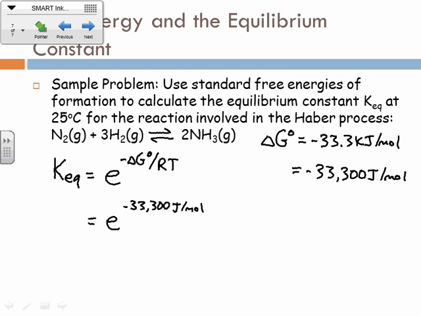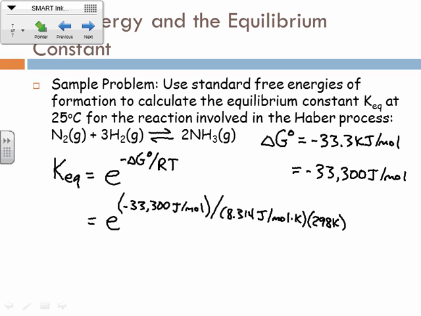joules per mole, divided by, this gets a little messy here, 8.314 joules per mole times Kelvin, times our temperature. We're trying to find our K at 25 degrees, so that's 298 K. What I would do is solve for all of the stuff in the exponent first, and then take e to that power, whatever it ends up being.